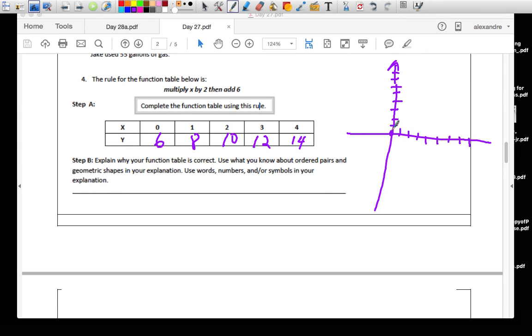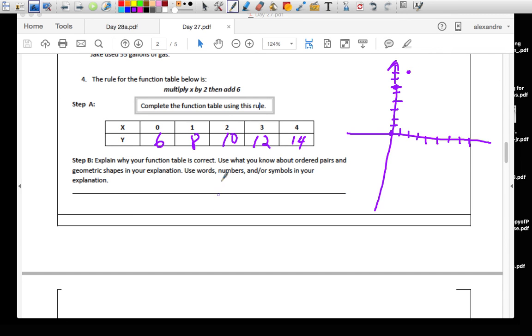So 0 will be 6. 1 would be 8. Well, first of all, you're going to get a straight line here. It doesn't start at 0, but you get a straight line.